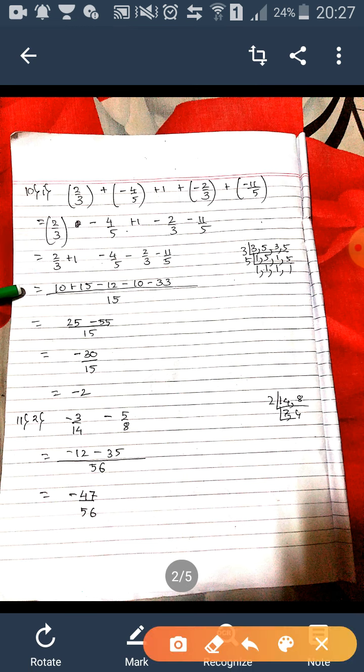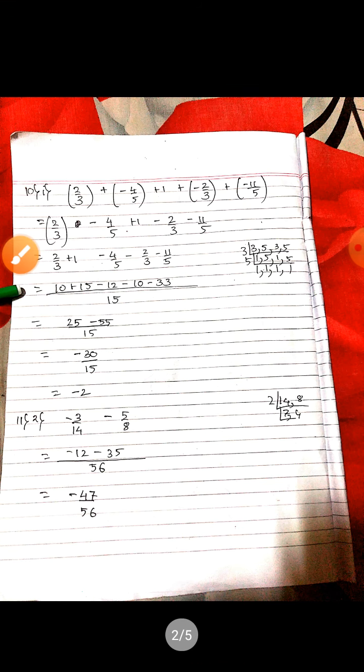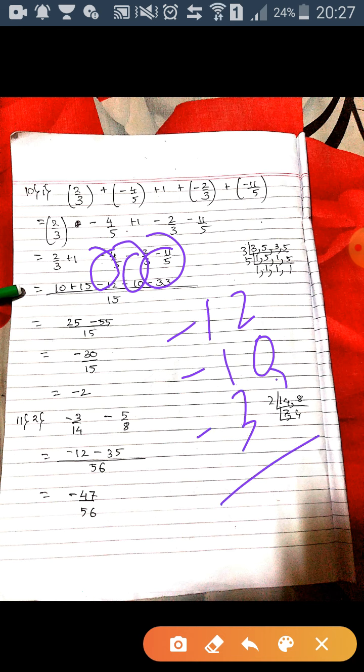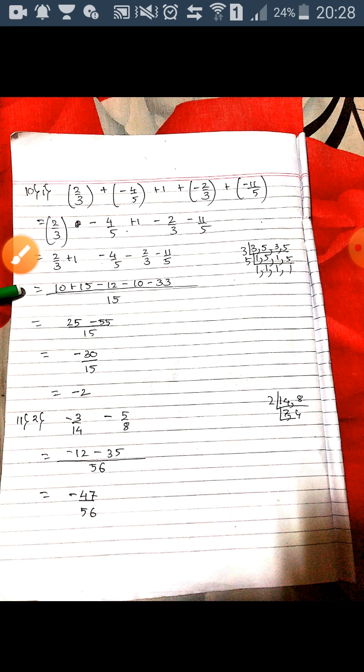Now I will add the plus signs first. 10 plus 15 is 25. I write down 25 over here. Then I need to deal with minus 12, minus 10 and minus 33. Since the signs are same, we will add them. Yes, so we get 55. Since all three signs are minus, I will write minus 55 over here.